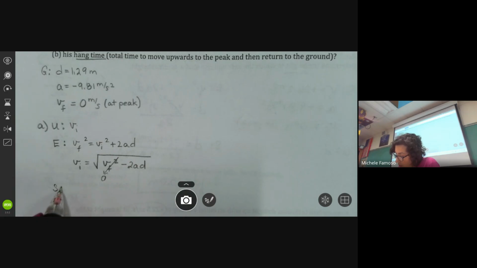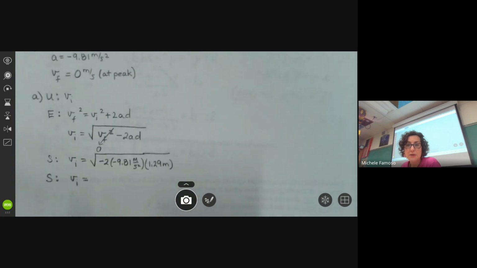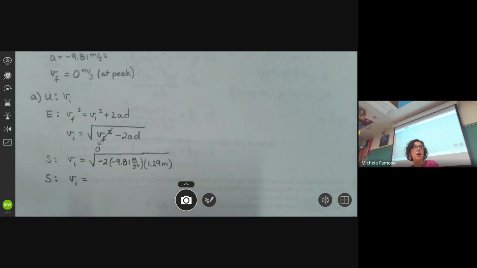So we can do our substitution with units like we did in the kangaroo question. That VI is the square root of negative 2 times negative 9.81 meters per second squared times 1.29 meters. Let's go ahead and solve that for Michael Jordan's takeoff speed if he is going to reach that height.